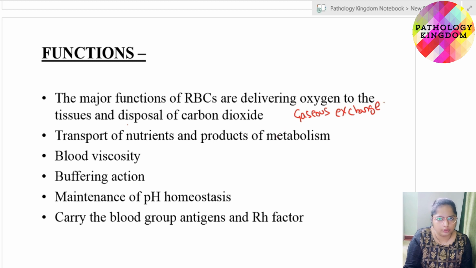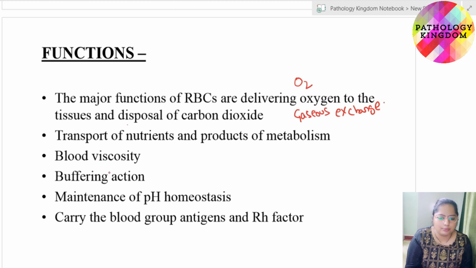As we already know, RBCs contain hemoglobin, which reversibly binds to oxygen, which helps in gaseous exchange. It helps in transport of nutrients and products of metabolism. It also maintains blood viscosity.